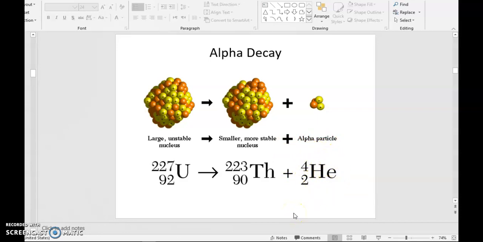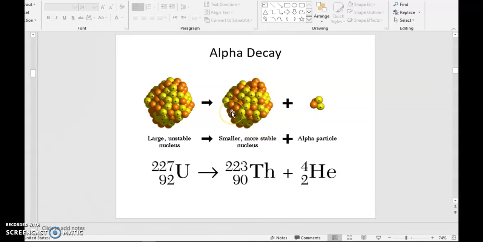Here we have uranium-227. Uranium-227 is a huge, large, unstable nucleus, and because it's unstable, it will emit energy, which is alpha in this case, and it will produce a new, smaller, more stable element as a result.